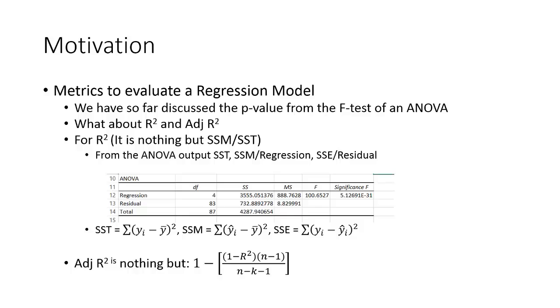So R square is nothing but this ratio of how much variation is explained by the model divided by the total variation. Depending on the software and the textbook that you use, people usually have sum of squares total, which is the total variation, and sum of squares model, which is the model variation. But I've also seen sum of squares regression as a proxy for sum of squares model.